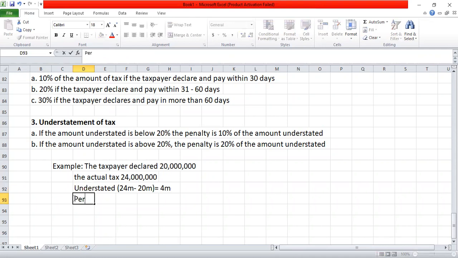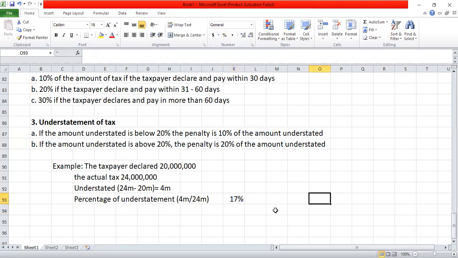What is the percentage of understatement? It is 4 million divided by 24 million. Four divided by 24. So the percentage of understatement is 17%, which is below 20%.